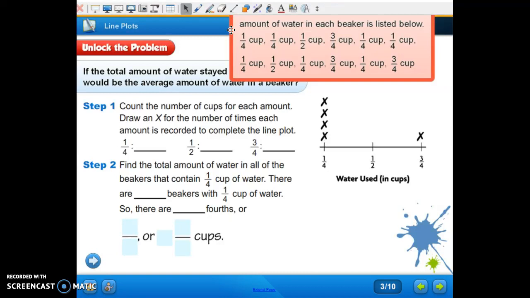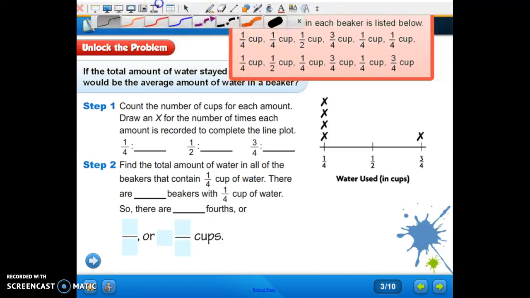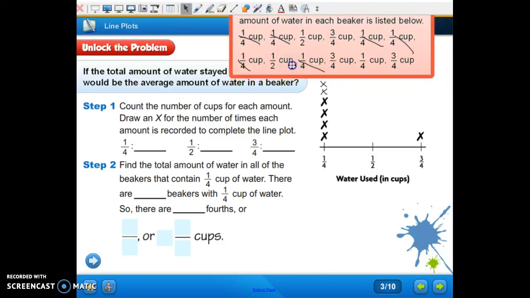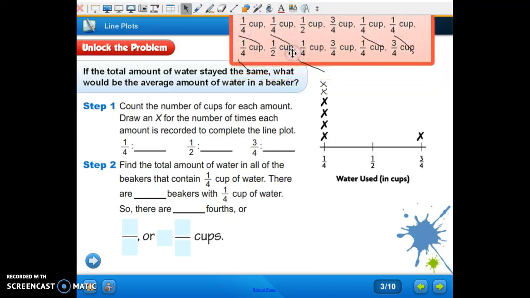So how many 1/4 cups have they recorded here? 4, right? Let's cross that out. So how many more 1/4 cups? 3. 1, 2, and 3.